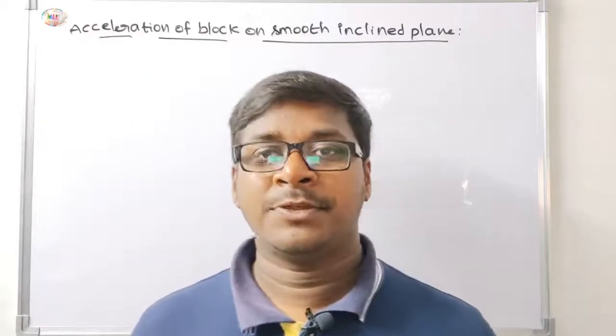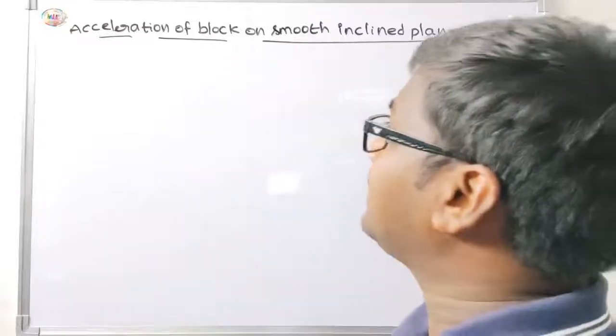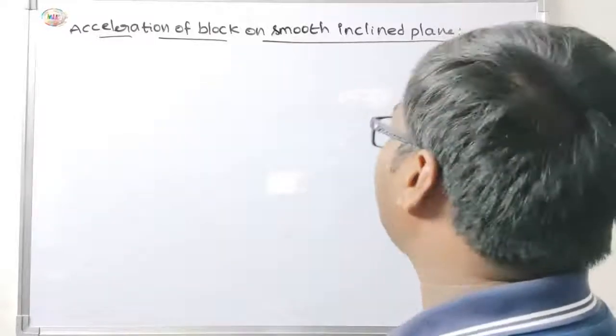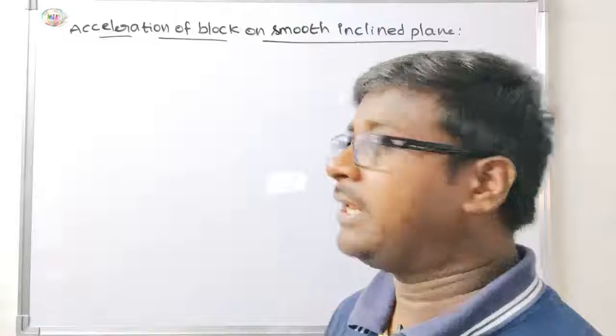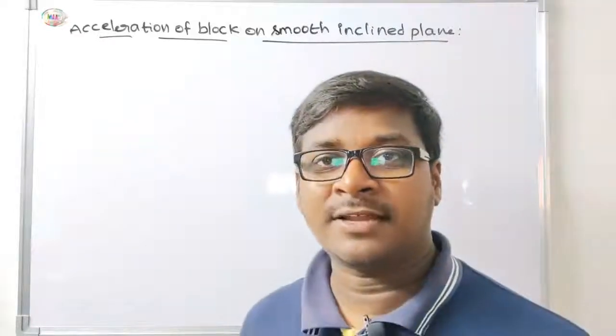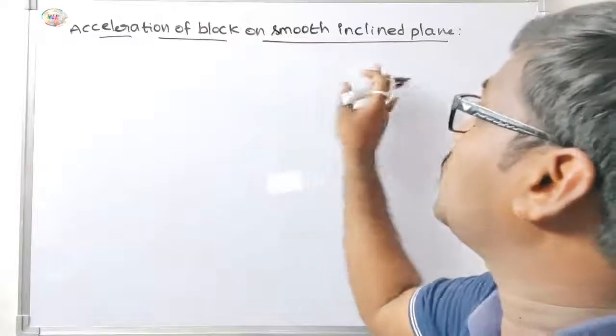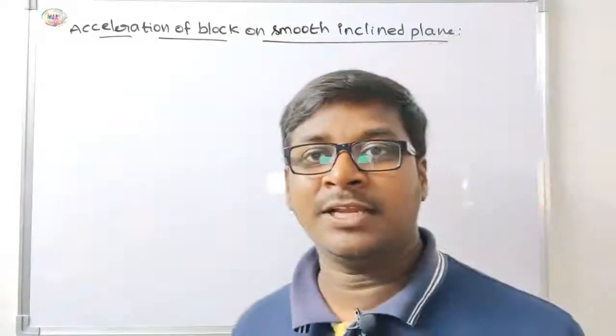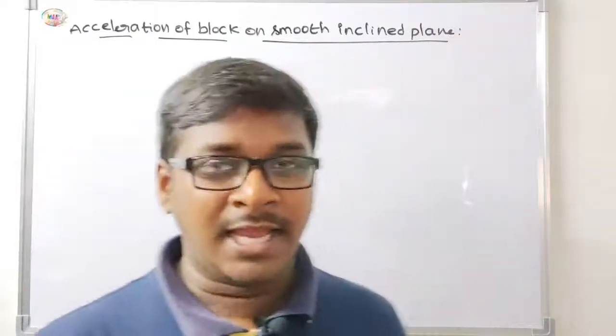Next application, acceleration of a block on a smooth inclined plane. In the previous application, we covered a block on a smooth horizontal surface. In this one, a smooth inclined plane making some angle theta.